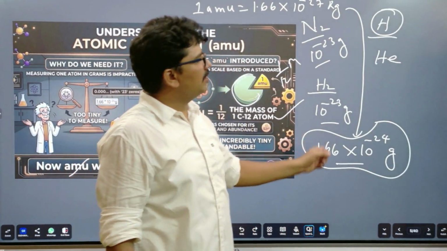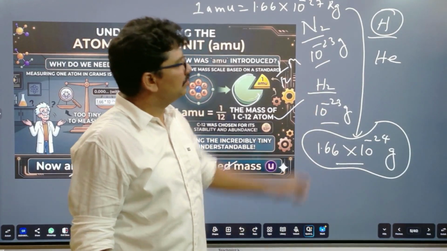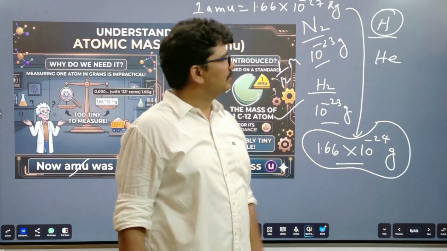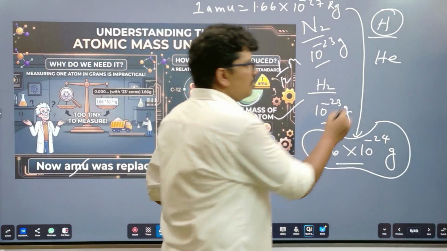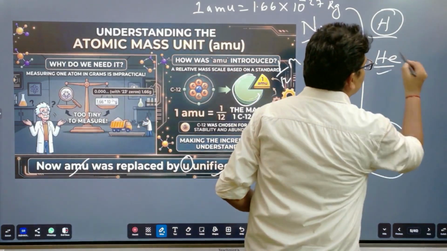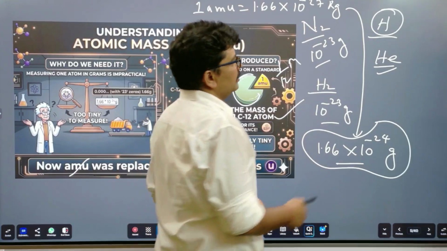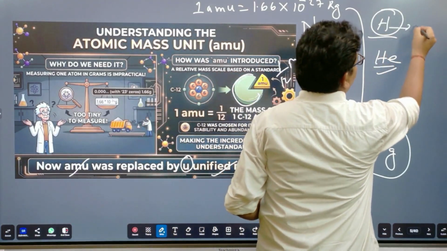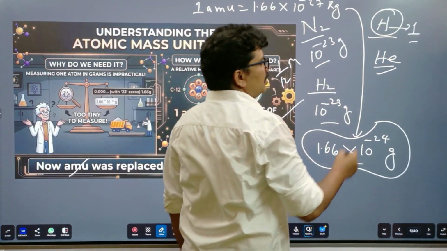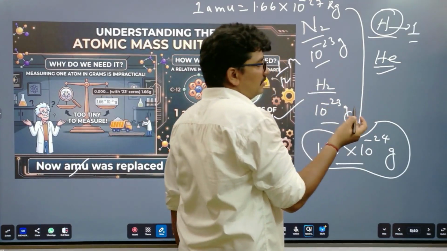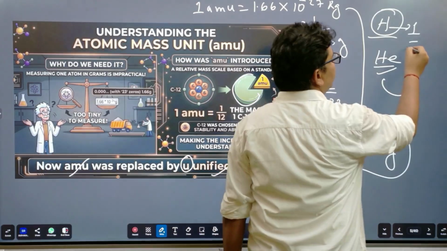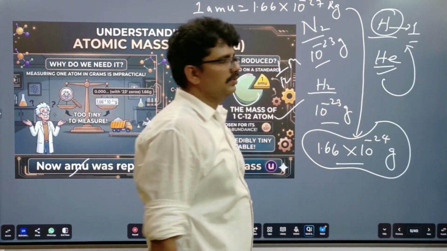So hydrogen is considered as reference. Now, how is helium's mass calculated? This hydrogen is taken as 1 unit, and helium's mass is the number of times it is heavier than hydrogen.